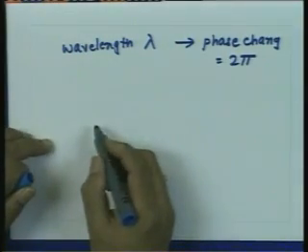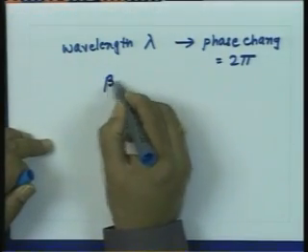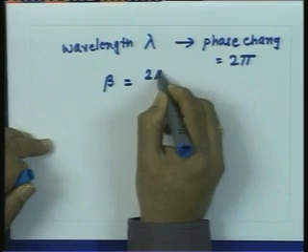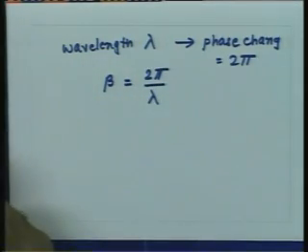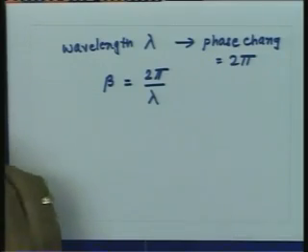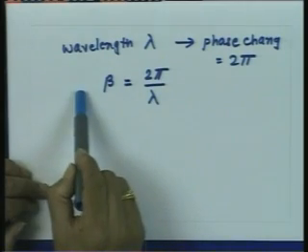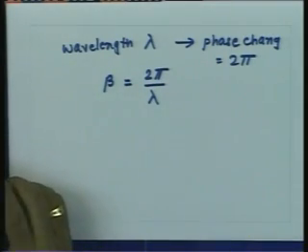So, by definition we have beta equal to 2 pi by lambda. In fact, in the wave motion, lambda is not the one which is first determined. In a complex geometry of wave propagation, first you analyze the parameter beta, and then by using this relation, 2 pi divided by beta, you get a number, that quantity you call the wavelength.